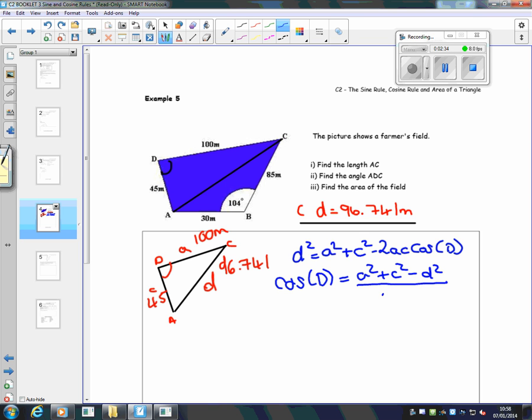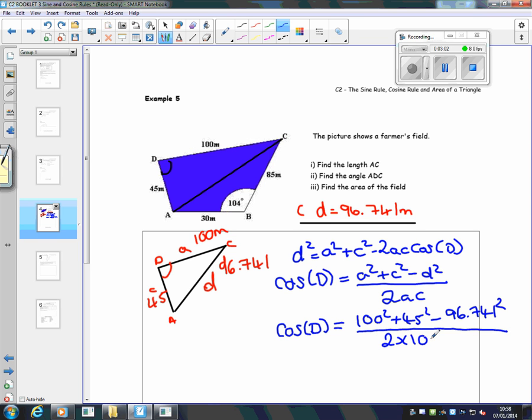all divided by 2ac. Now substituting in the numbers that we have here on the diagram, we would have cos of capital D is equal to 100 squared plus 45 squared minus 96.741 squared all divided by 2 times 100 times 45.